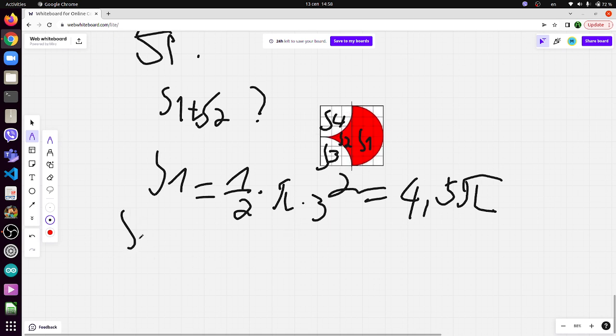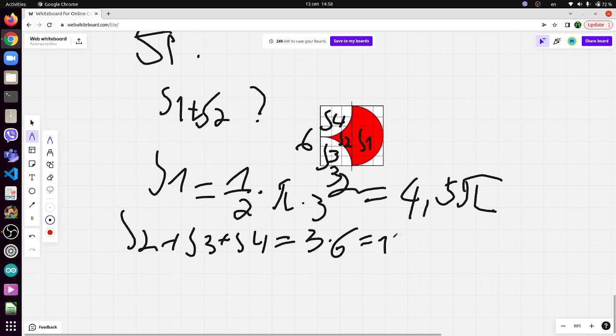S2 plus S3 plus S4, these three pieces, make a rectangle with sides 3 and 6, which is 3 times 6, the area of the rectangle, which is 18.